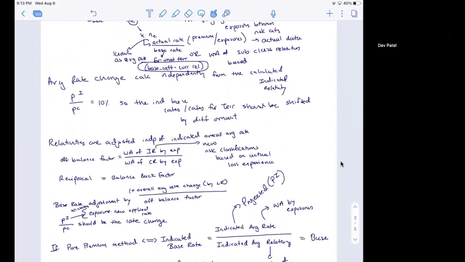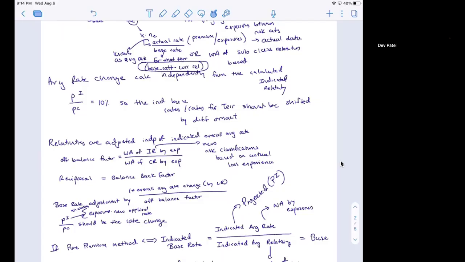Now, one of the things is that when we calculated average rate change in the very beginning, that was independent from when we actually calculated indicated relativity. So when we do PI over PC, indicated premium over current premium, and we want it to equal 10%, we have to change the base rates not by 10%.